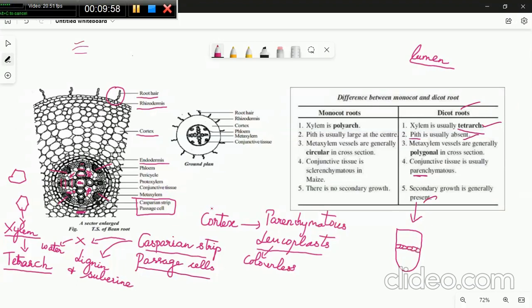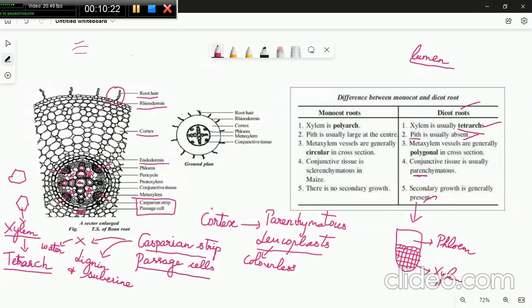Now this part is the phloem, and the lower part is called the xylem. How will the xylem be? They will be drawn like a mesh-like structure like this. So this is xylem.